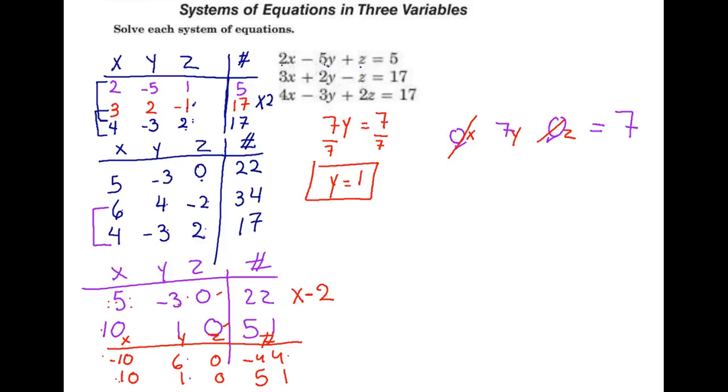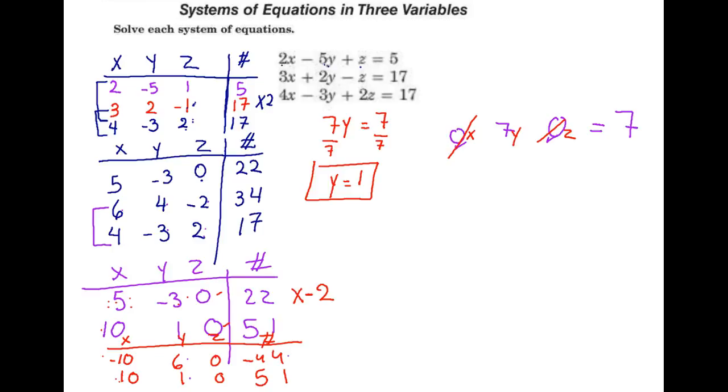Now I need to work with an equation that has only 2 variables, and one of them has to be y. This chart can help me because here I have x and y and no z.